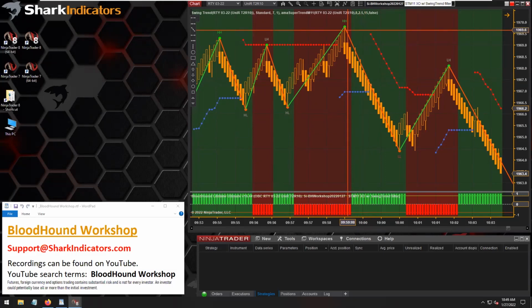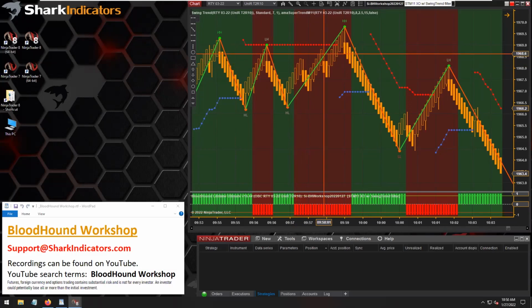So from this low point, this lower high, as soon as the upswing is identified, this upswing stays in a lower high until it reverses.